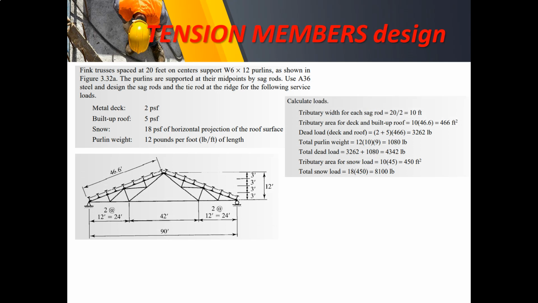So first, we're going to calculate the loadings. In here, the tributary width for each sagrod will be 20 all over 2. To explain that, the fink trusses are actually spaced at 20 feet.